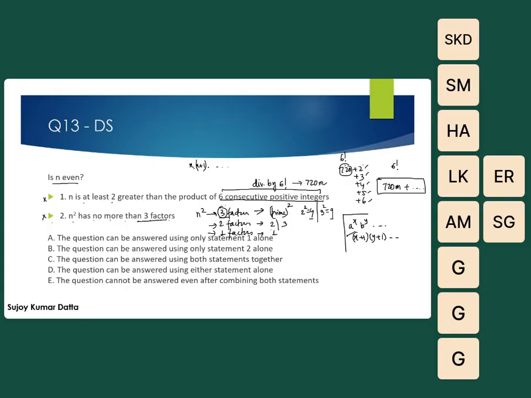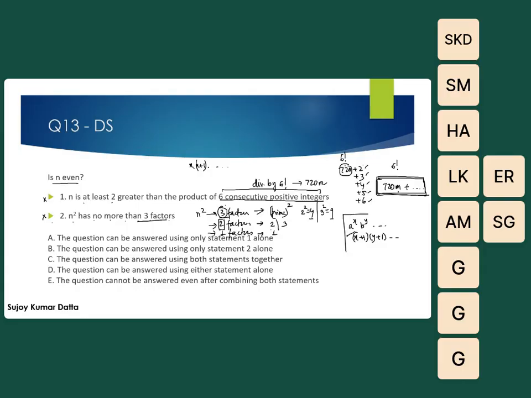So we are saying that this can be a perfect square, or it could have 2 factors. In that case, this is a prime.